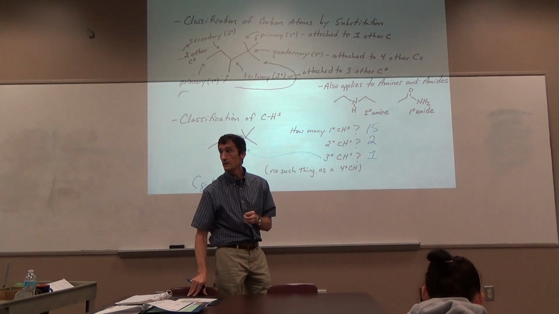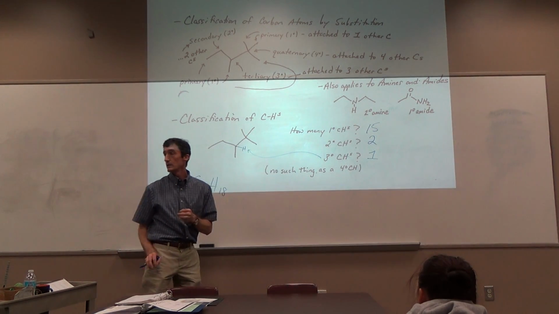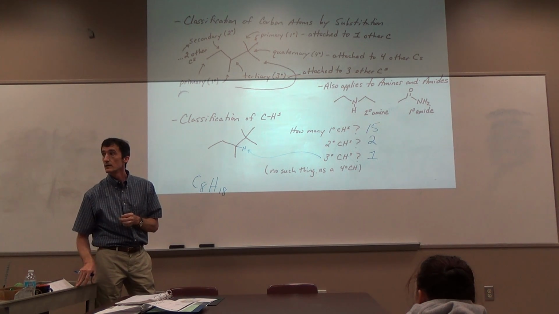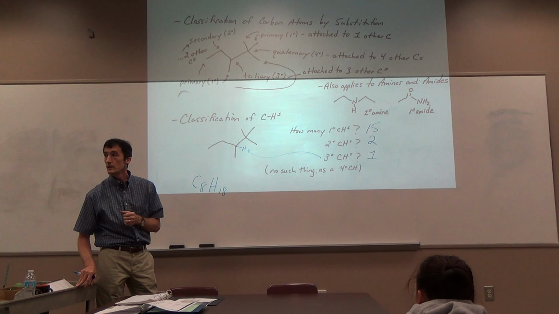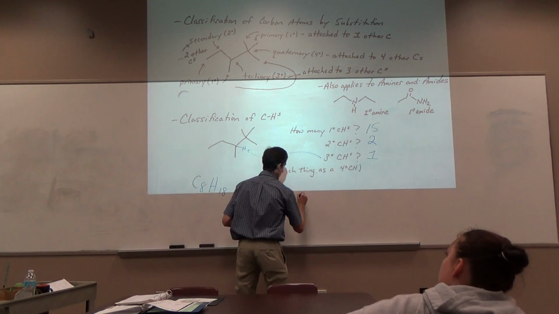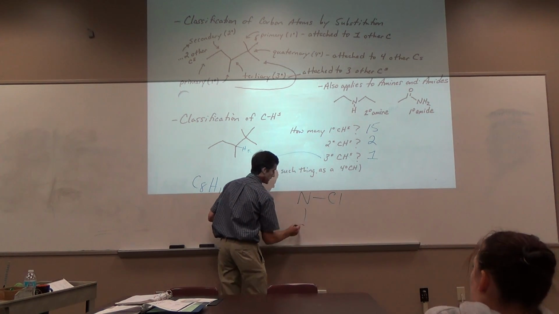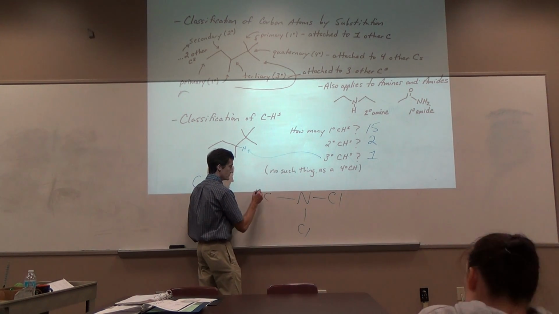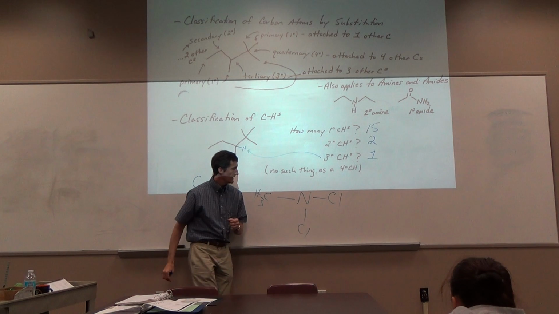Question? Yeah, I have a question. So applying this rule of primary, secondary, tertiary, it's based on how many carbons they're attached to. Given an amine like NCl2 with 1 carbon, is that considered a primary amine? It's only about 1 carbon. Chlorine and then a methyl? Yeah, sure.